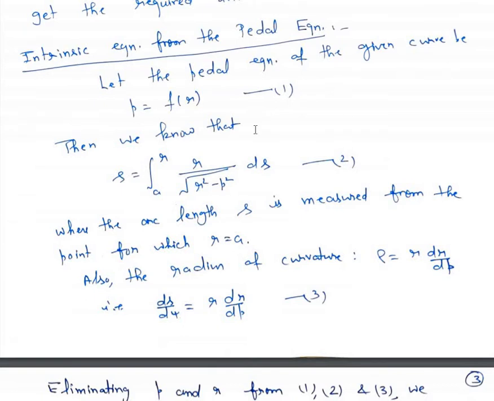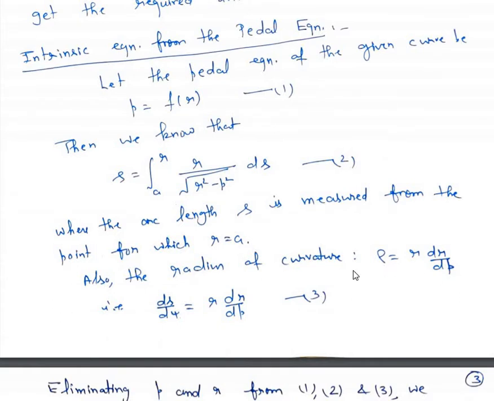Suppose that the pedal equation of the given curve is p is equal to f of r. Then from differential calculus we know that s is given by the integral from a to r of r upon under root of r square minus p square dr, where the arc length s is measured from the point for which r is equal to a. Radius of curvature is given by rho is equal to r dr upon dp.